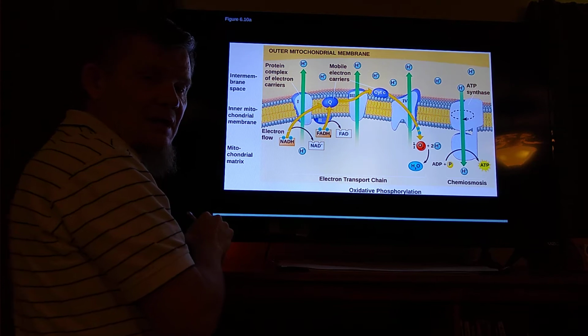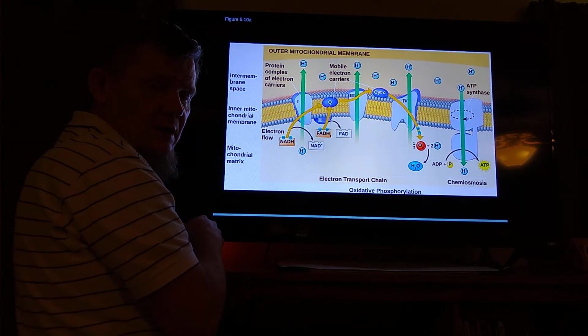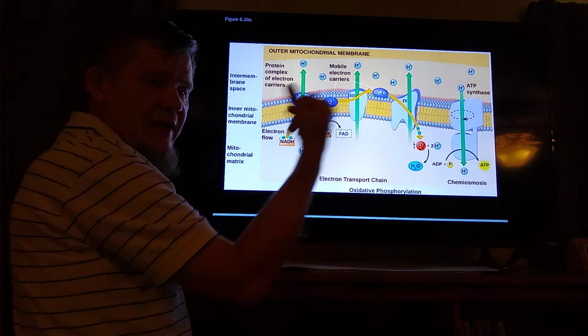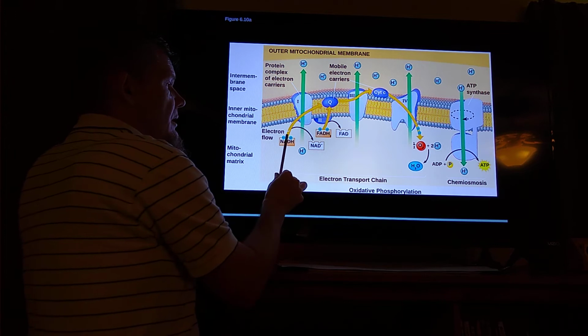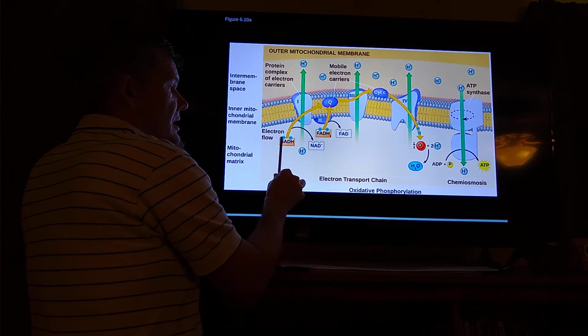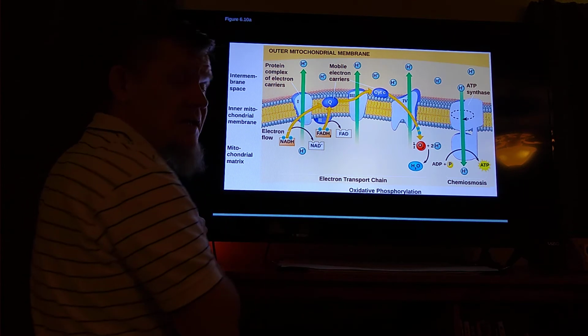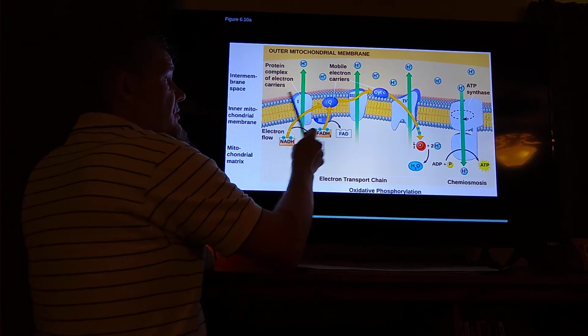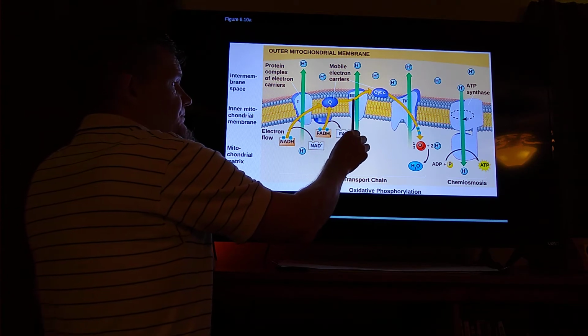We said that NADH is going to dump off its high energy electrons to a bunch of carrier molecules, and those carrier molecules are going to get the energy out of the electrons. Here are those electrons. They're going to get dumped off of this NADH and added to these carrier molecules. Those electrons are passed from one carrier molecule to the next.